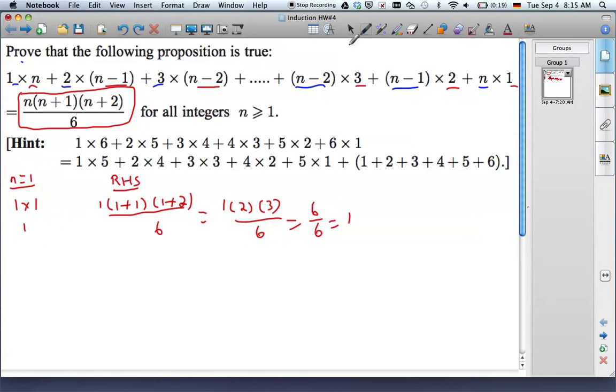Now in induction, our next step is when we assume that n equals k is true.